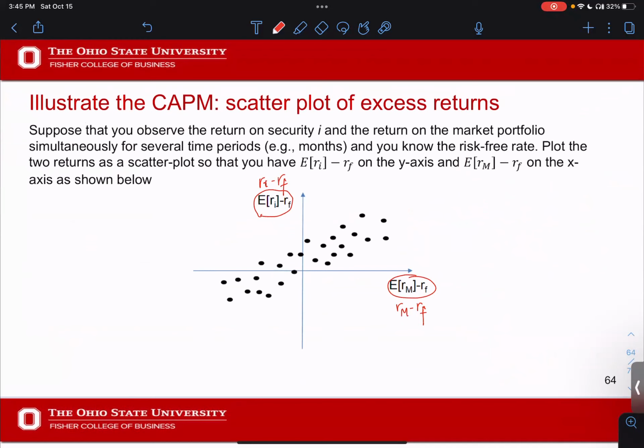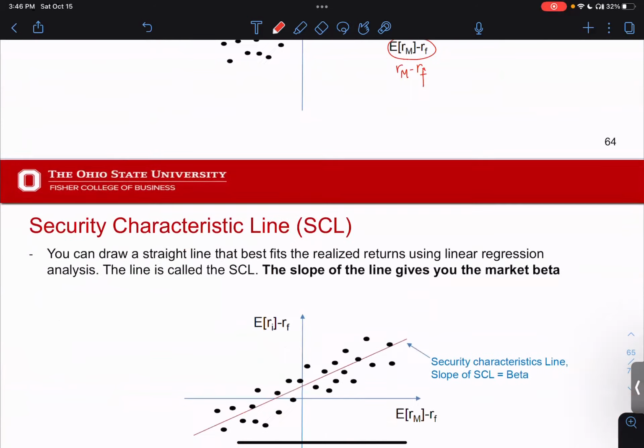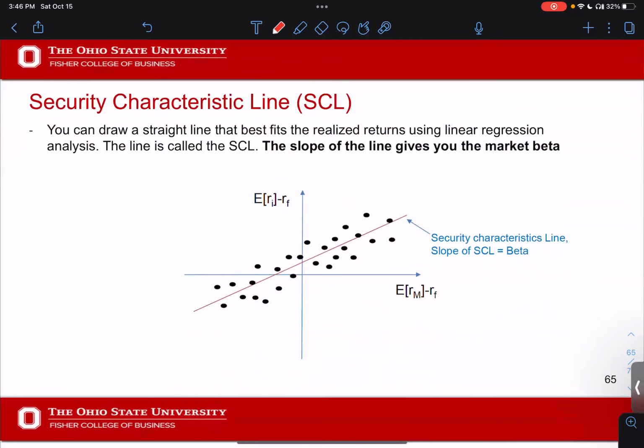But let's take it as if they are very close to each other. After you plot it out, you'll see it's very similar to the dots that I just drew before, the pattern of the data. You can see the individual stock is positively moving with the market return. The goal is to fit a line using the regression method.